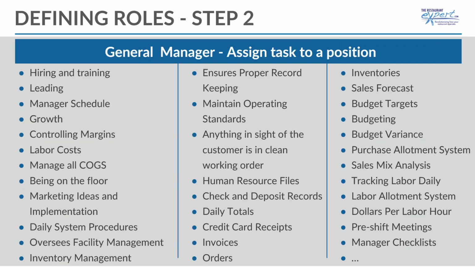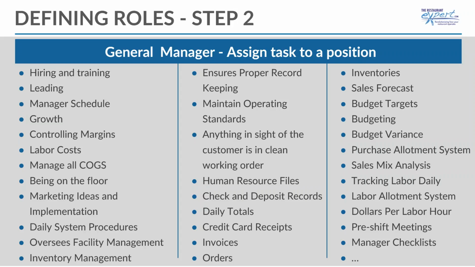So look here. Let's say our general manager. They're in charge of, and responsible for, hiring and training, leading, managing the schedule, growth, controlling margins, labor costs, cost of goods sold, marketing ideas, procedures, anything in the sight of customers and employees that it's in working order.